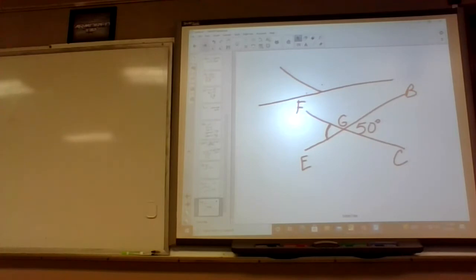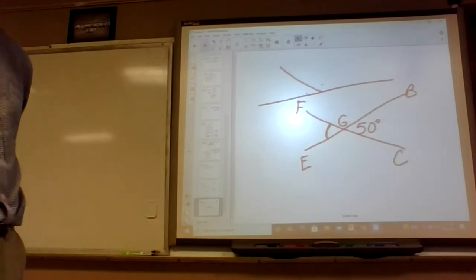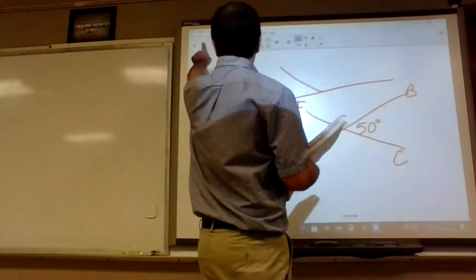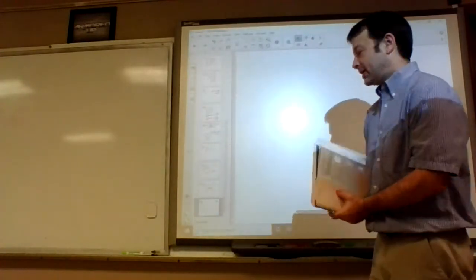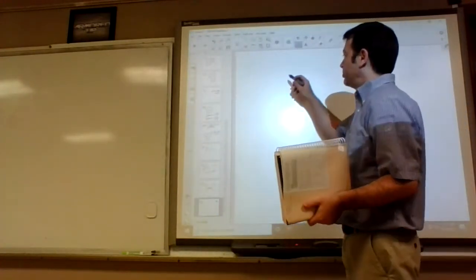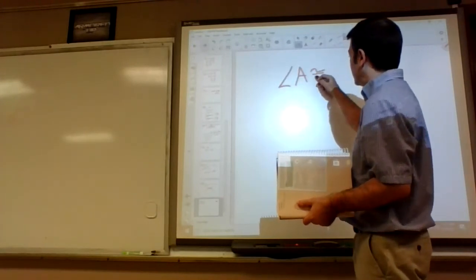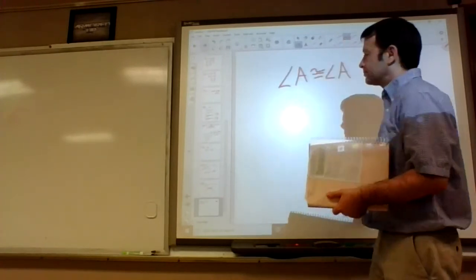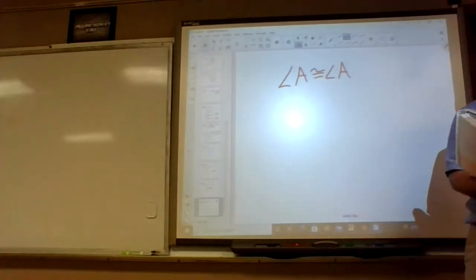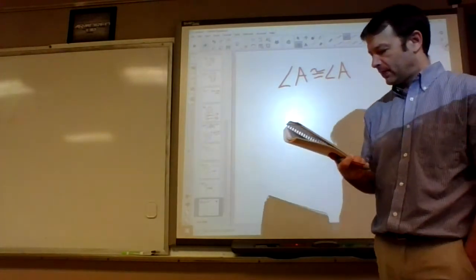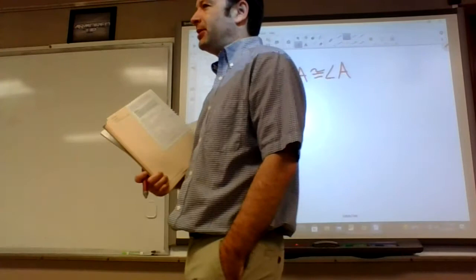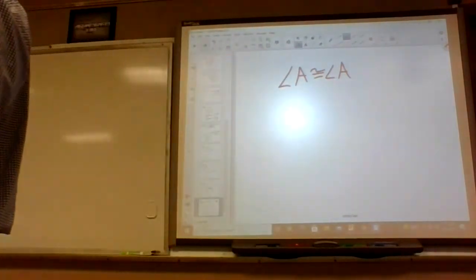Reflexive property for congruent angles. Does anybody remember what reflexive said? It's the same, like A equals A. But we're doing it for angles, so just say angle A is congruent to angle A. I think that's on page 79 if you forgot the properties.